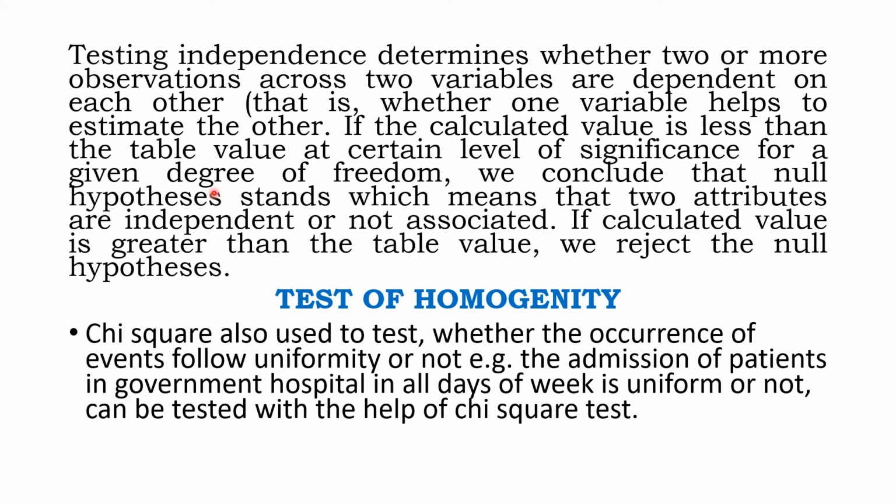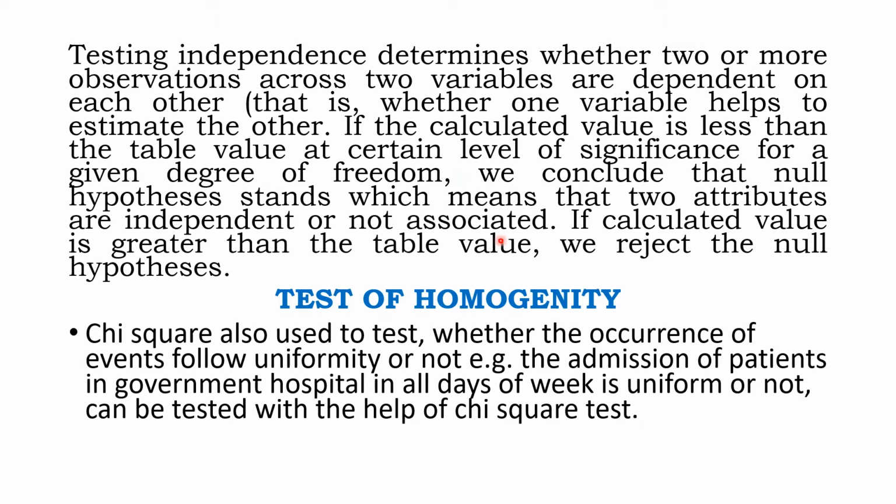Testing independence determines whether two or more observations across two variables are dependent on each other. If the calculated value is less than the table value at a certain level of significance for a given degree of freedom, we conclude that the null hypothesis stands or is accepted, which means that the two attributes are independent or not associated.